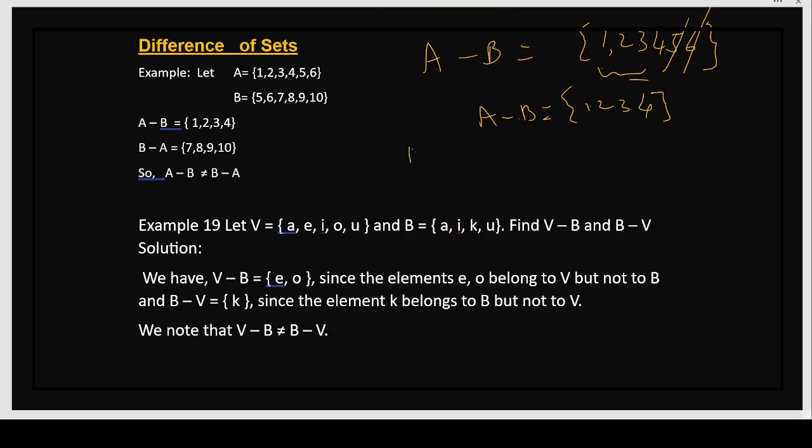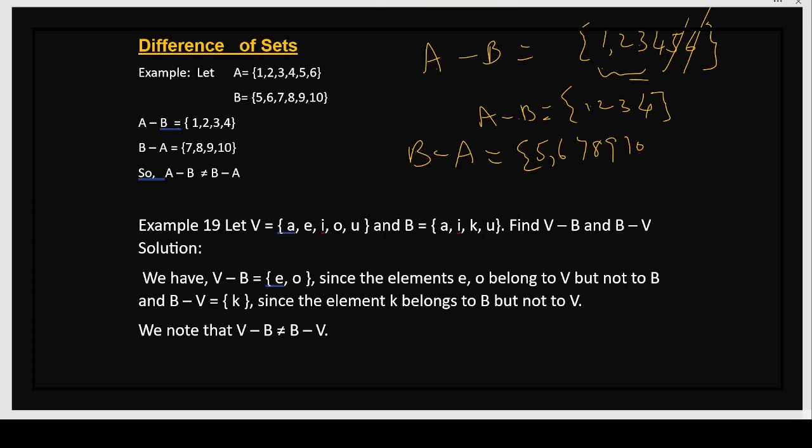What is B minus A? This is also a difference. We'll write all the elements of B: 5, 6, 7, 8, 9, 10. Subtracting the elements of A, 1, 2, 3, 4.